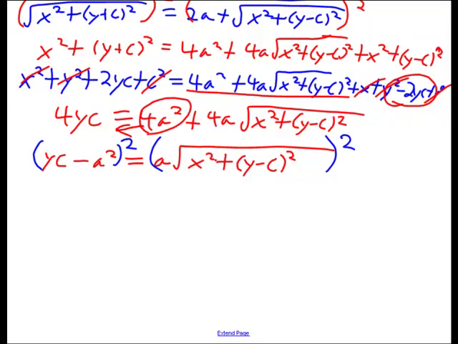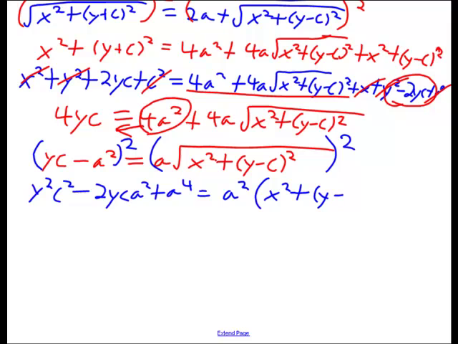By squaring, we'll fill out the left side. We'll get y squared c squared minus 2yc a squared plus a to the fourth, and that will equal a squared times what's under the radical, x squared plus y minus c squared. Now from here let's go ahead and multiply out our y minus c squared, and we'll try to simplify.